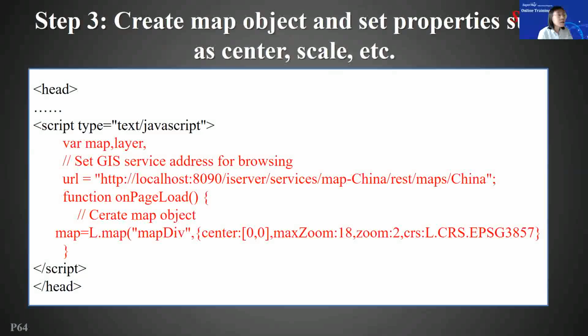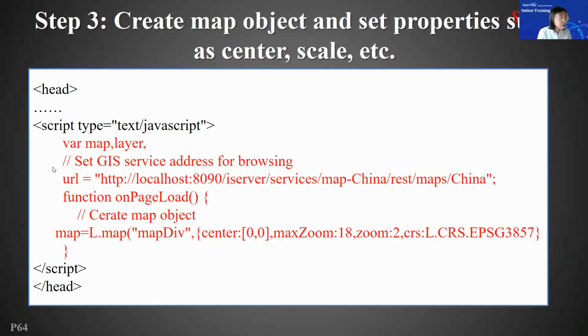And then we will add the map layer. We already have the div for the map, so now we have to create the map element with Leaflet and set the properties of this map element. So this is the variable map and layer, because a map could include several layers.